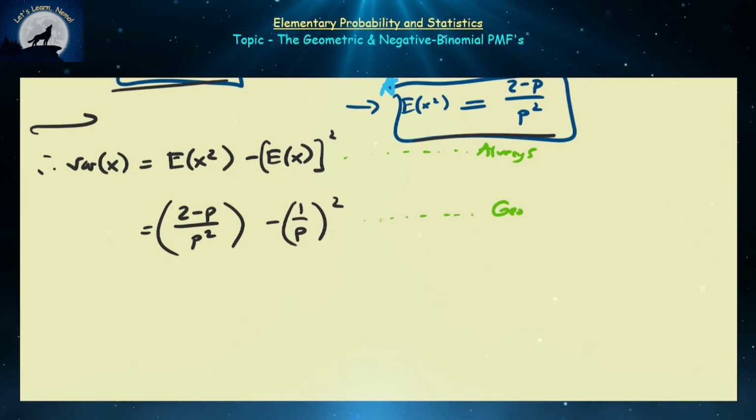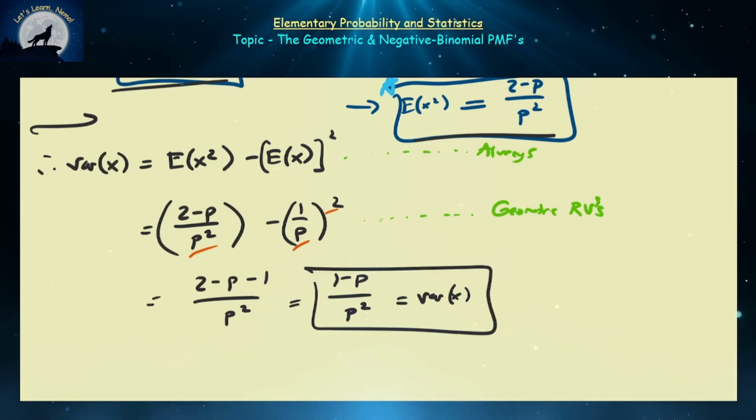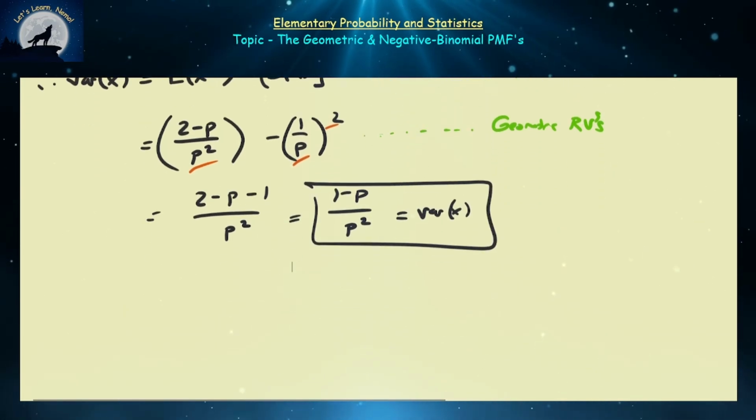So this is true only, or potentially only, for geometric random variables. They have the same exact denominator, p squared and p squared, so we can just subtract the numerators. So we're going to have (2 minus p minus 1) over p squared, which is just going to be equal to 2 minus 1 is 1, and then we're going to have (1 minus p) over p squared. This is the variance of the geometric random variable.